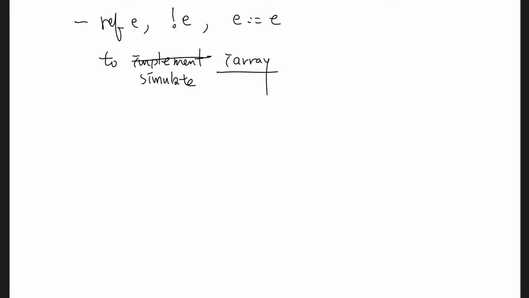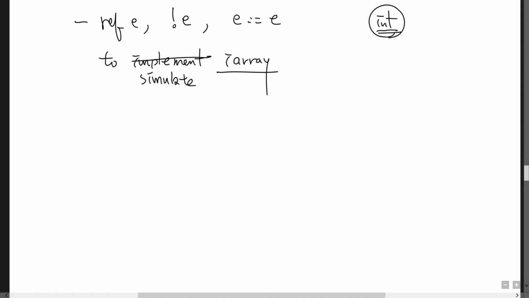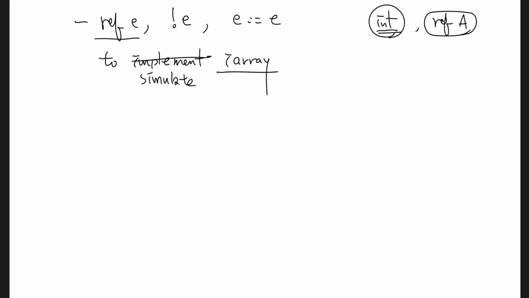We assume that base type integer is already given, and we'd like to exploit this integer base type and the type for references, which is written ref A, to simulate this integer array.